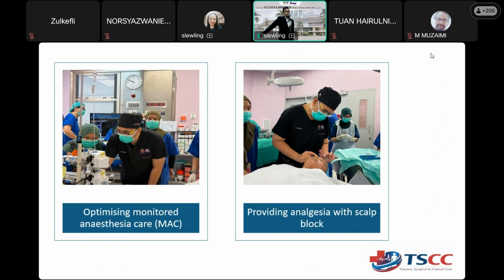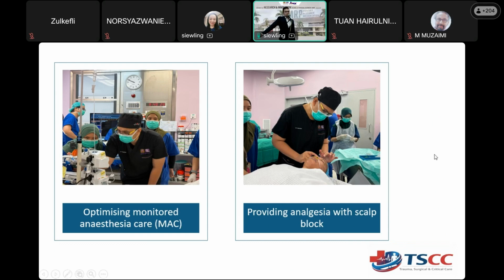Scalp block has been one of the mainstays of management in awake craniotomy. From this, I would like to explore the role of scalp block in providing post-operative pain management for the patient.